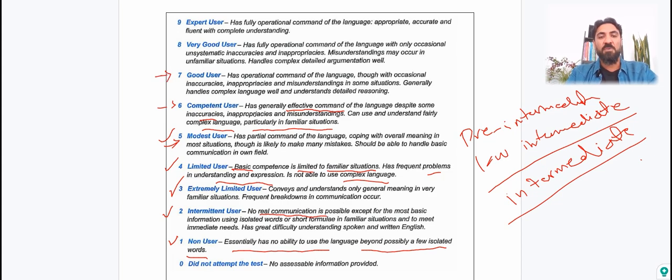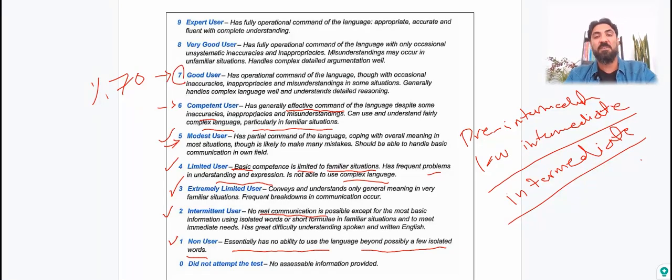If you are a good user, it means you are 70% there, and you will get generally a good score, which 7 is a pretty good score for whatever university you're applying for, or for immigration. Usually you don't need more than 7.